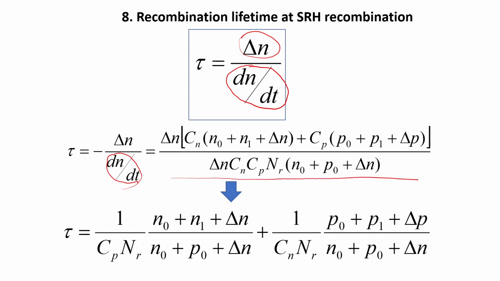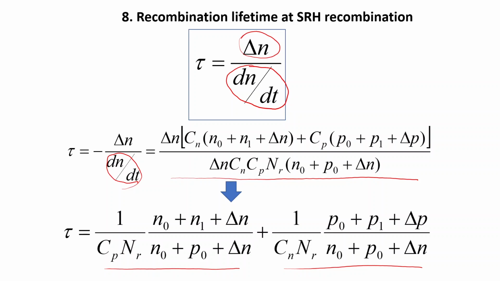After splitting it into parts, we get two terms responsible for recombination lifetime in a semiconductor when we deal with trap-assisted recombination according to Shockley-Read-Hall statistics.